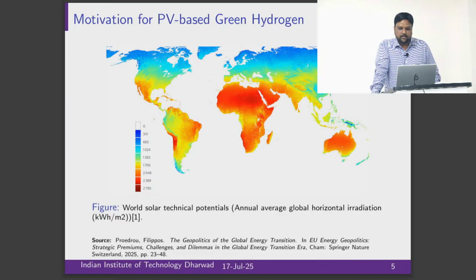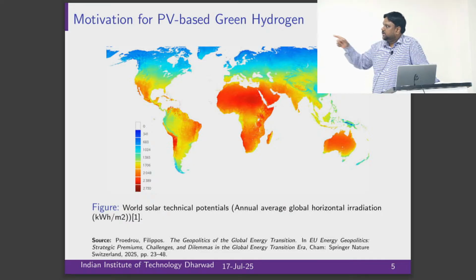Mostly, if you see, it is more and more red, so the radiation measured in kilowatt hour per meter square is more. Here I can see mostly some part of Australia, if you see, this is Australia, and some part of Africa have the high radiation, and the lowest radiation you find mostly in the American region.